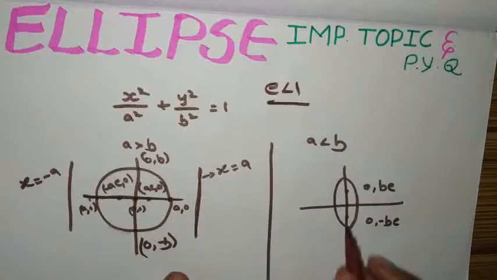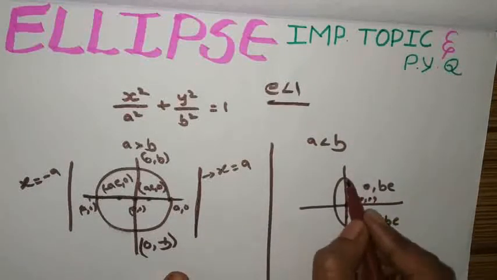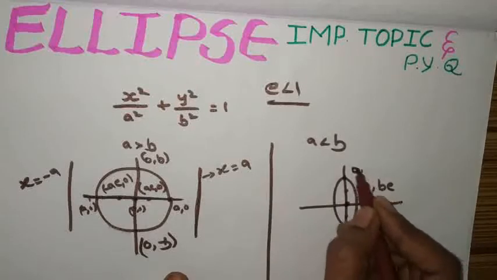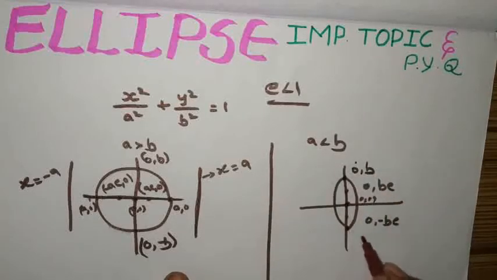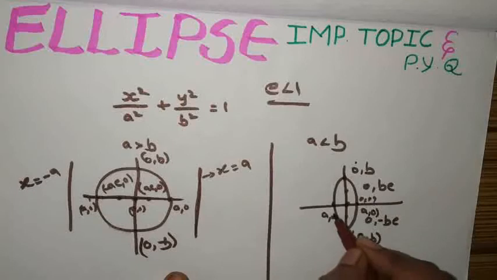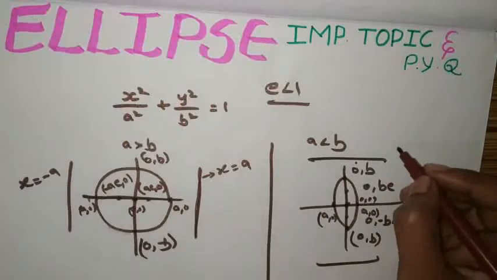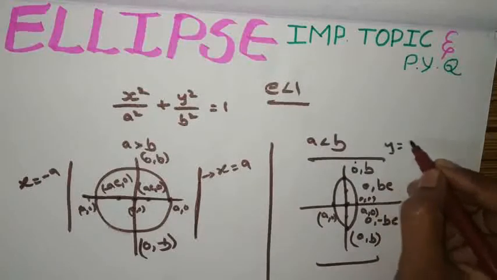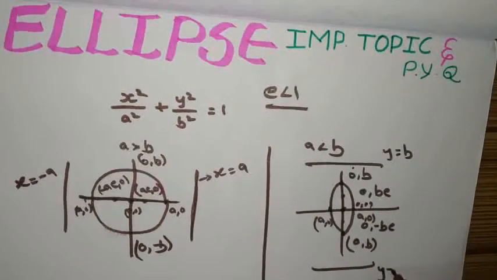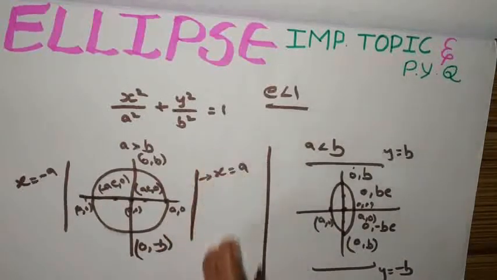This is the center (0, 0), and these are the vertices (0, b) and (0, minus b), and these are (a, 0) and (minus a, 0). And we have the directrix here. The directrix equation will be y is equal to b by e and this is y is equal to minus b by e. Understood? Now this is the focus, these are the vertices and this is the directrix.